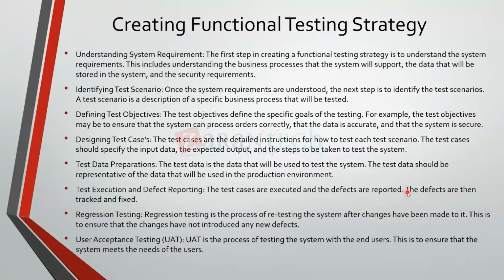So we need to report the defects so that the user can go back to the build phase, fix those issues in the configuration, and then the testing can go ahead again and the objective can be achieved. The defects are then tracked and fixed.